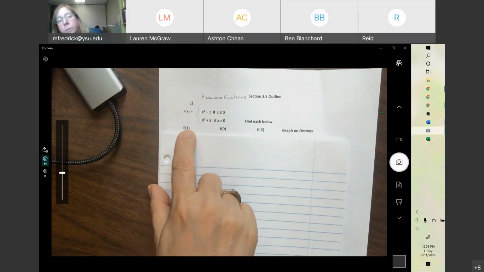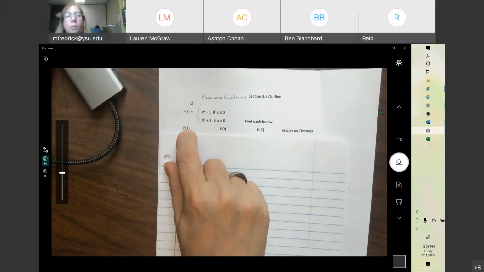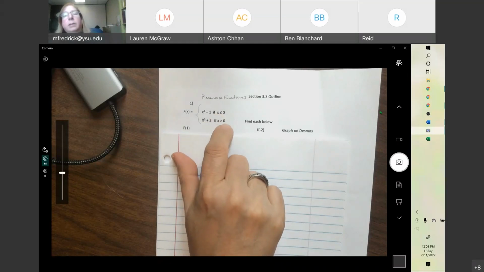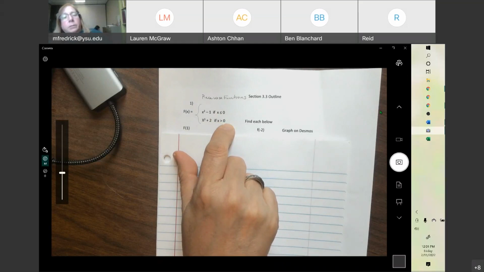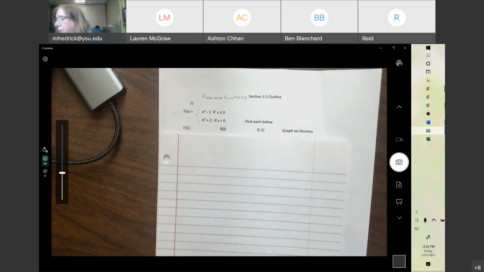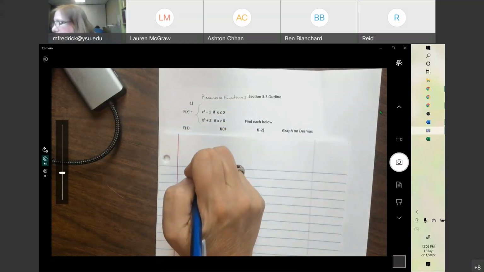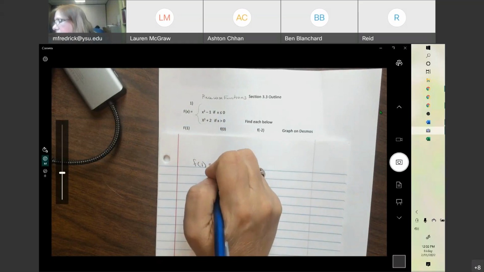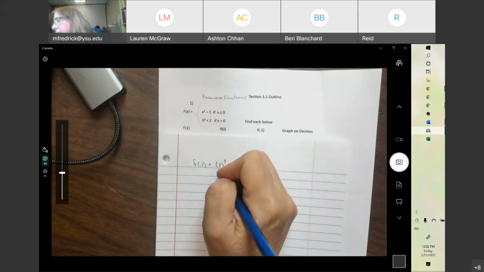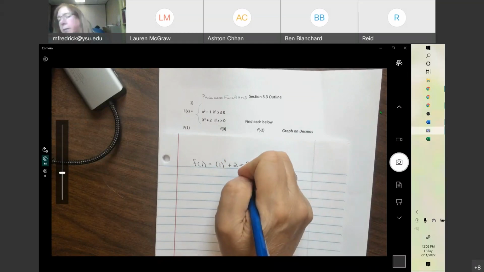So for f of 1, 1 would be here because it's greater than 0. And so we would use this equation and plug in 1. So it would be 1 cubed plus 2. 1 cubed is 1 plus 2 is 3.